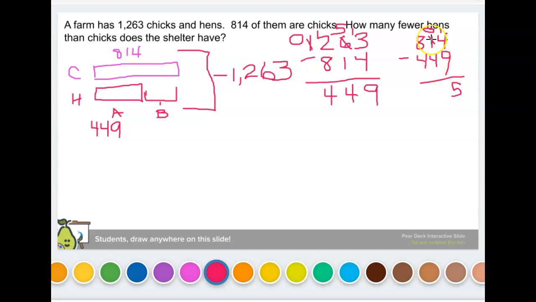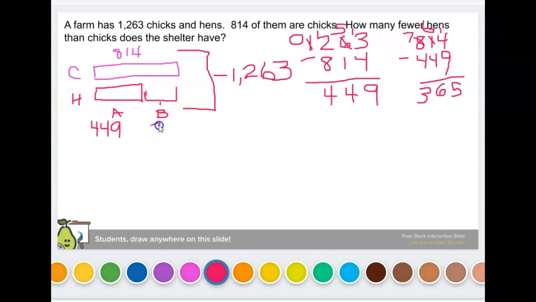I can't take 4 tens from 0, so I'm going to take 100 away and make that 7, and change that into 10 tens. I know how to make groups of 10, so 4 and 6 gives me 10, and 7 minus 4 is 3. So it's telling me I have 365 more chicks than hens.